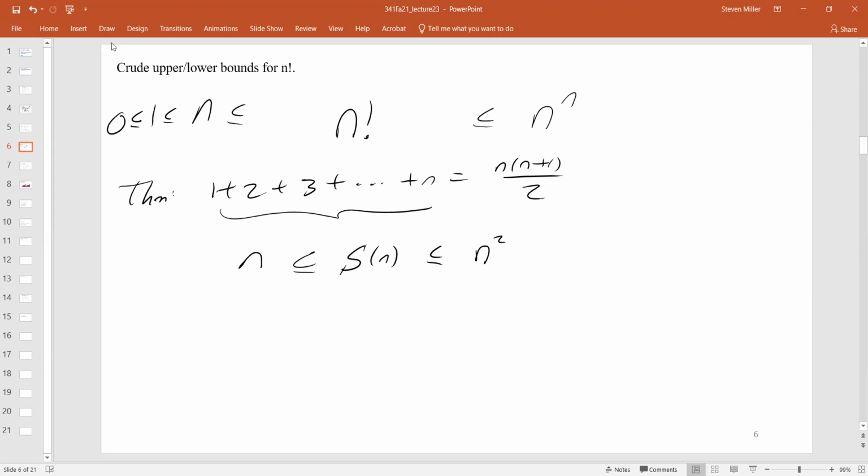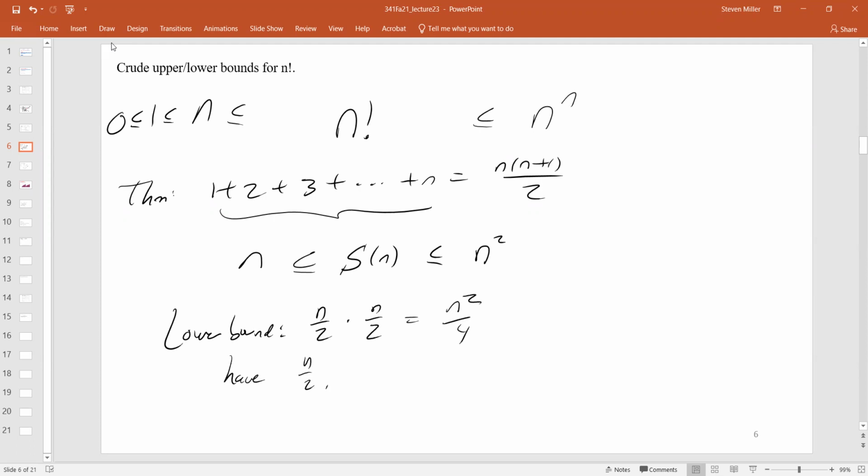So a lot of times I really just care, how is it growing with n? I don't necessarily care about whether it's growing 3 times this rate or whatever, I just care what the n dependence is. And so we can get a better lower bound. Lower bound: n halves times n halves, which is n squared over 4.